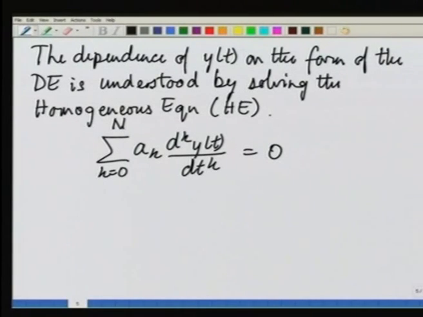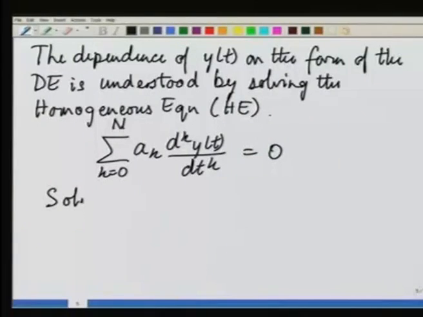Clearly, this equation and whatever we learn about its solution cannot depend upon the input, because there is no input. Irrespective of what input we had applied in the original equation, we have stripped the input in this equation.